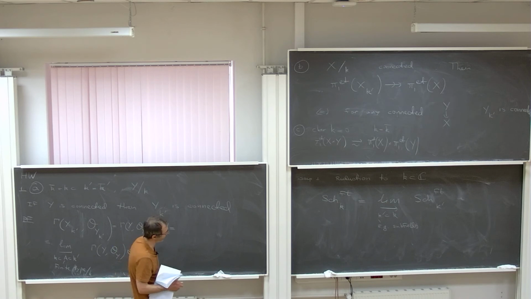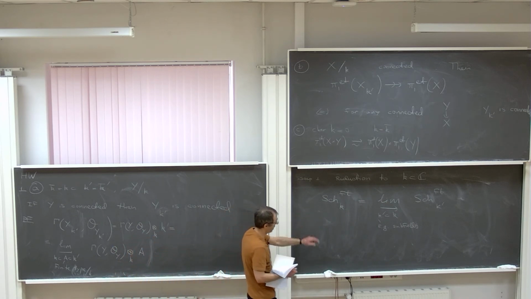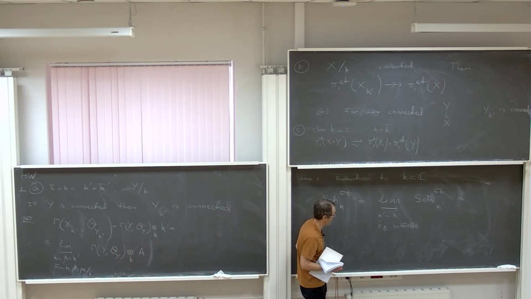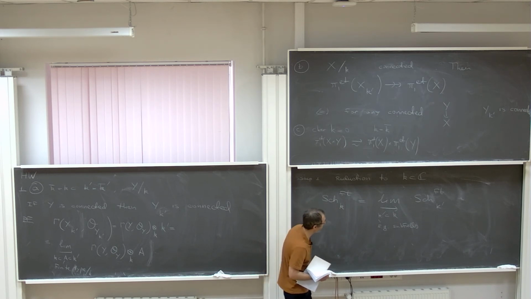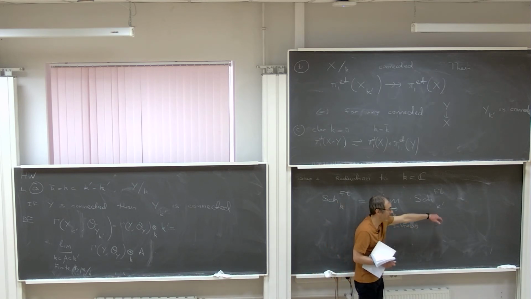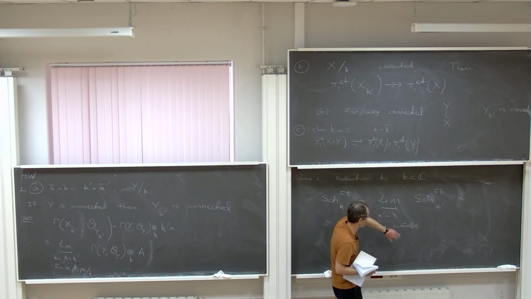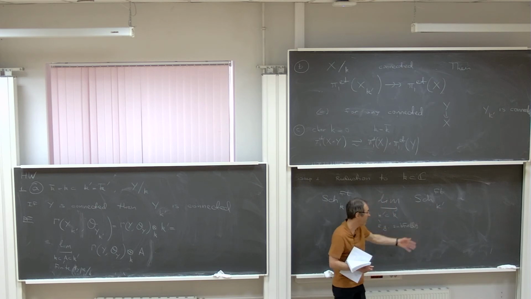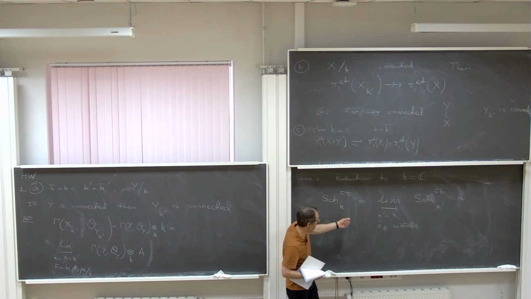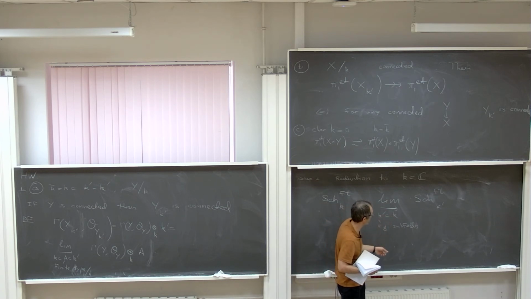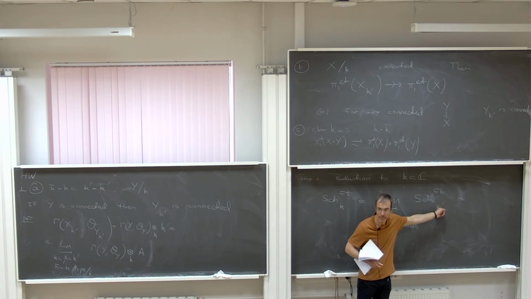So for example, if your scheme is affine, then it's the spectrum of a finite type algebra, so it has finitely many generators and finitely many relations. The coefficients in these relations are in K, but you can find a finitely generated subfield such that all the coefficients are in fact in K prime.